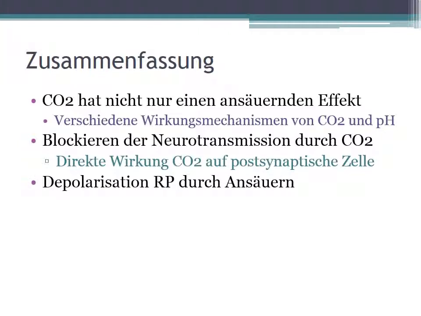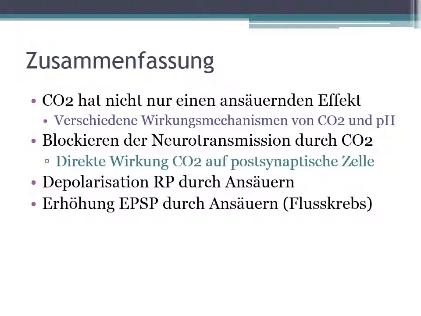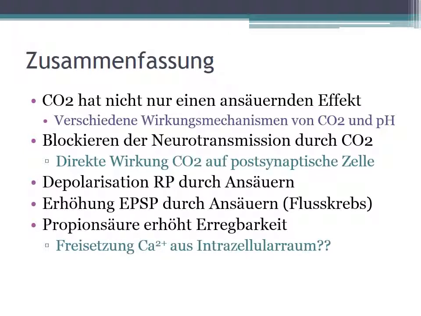If you acidify the cell, there's a depolarization of the resting membrane potential, and there is an increase in EPSPs by acidifying the cells in crayfish, not in fly cells. And there is a higher excitability of the cell if you add propionic acid, and propionic acid promotes the release of calcium from the inside of the cell and not from the extracellular space.